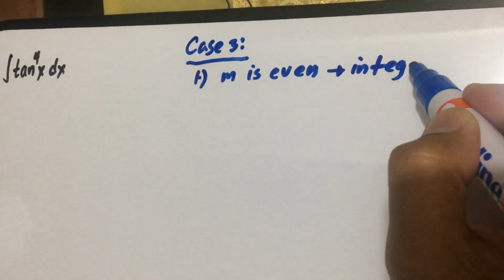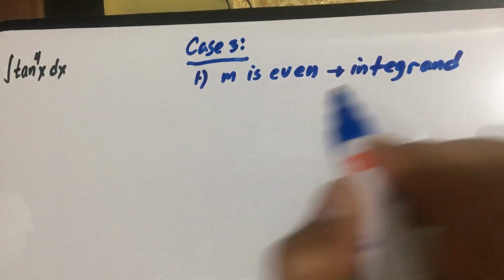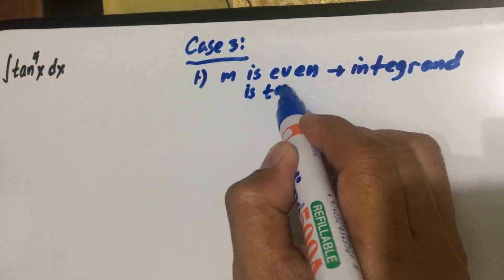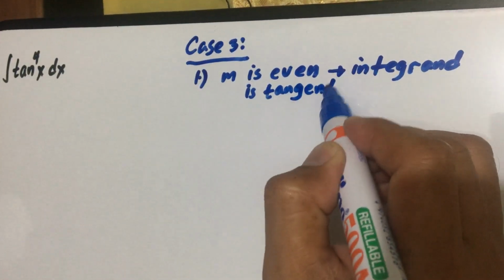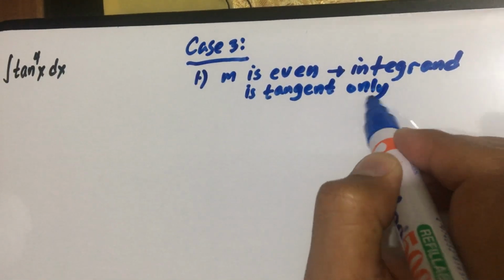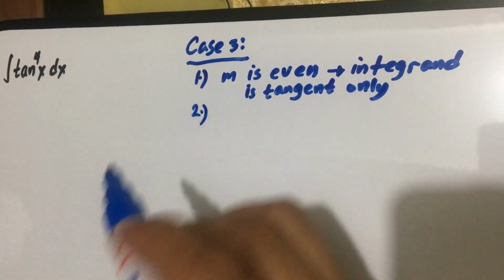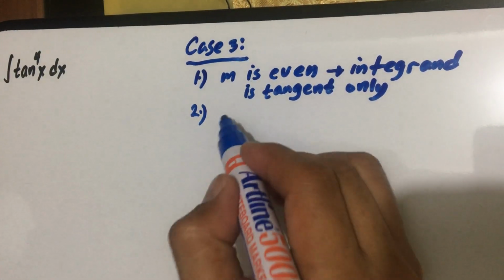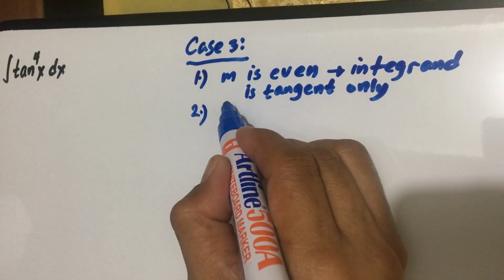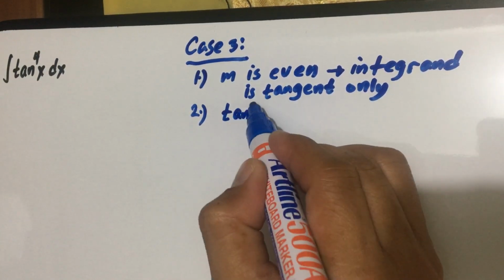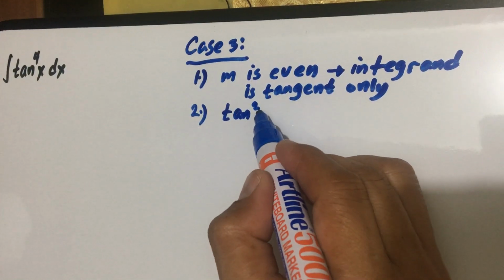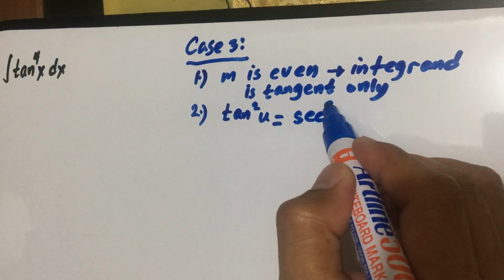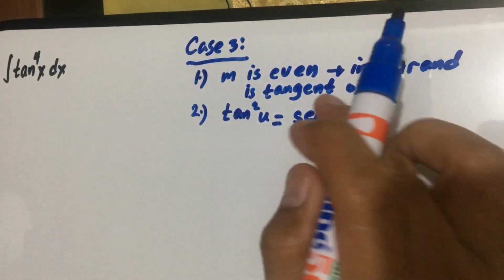So the integrand is tangent only. If this is the case, then we have to use the identity tangent squared u equals secant squared u minus 1.